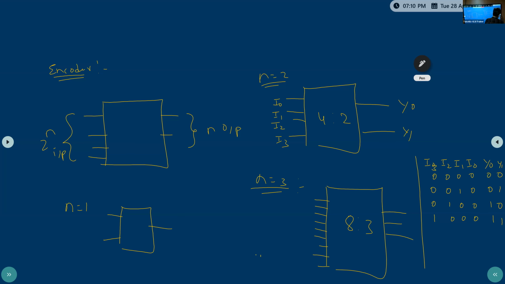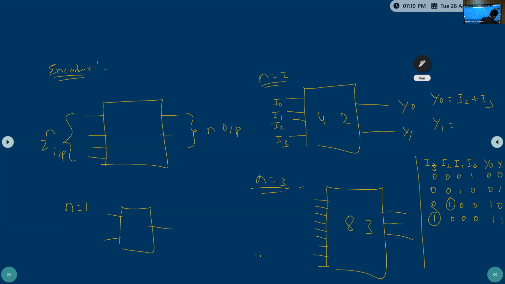Here we will get one, right? Why? So now if you write the equation, Y0 equal to, when it is high: when I2 is high and I3 is high, so I2 plus I3.